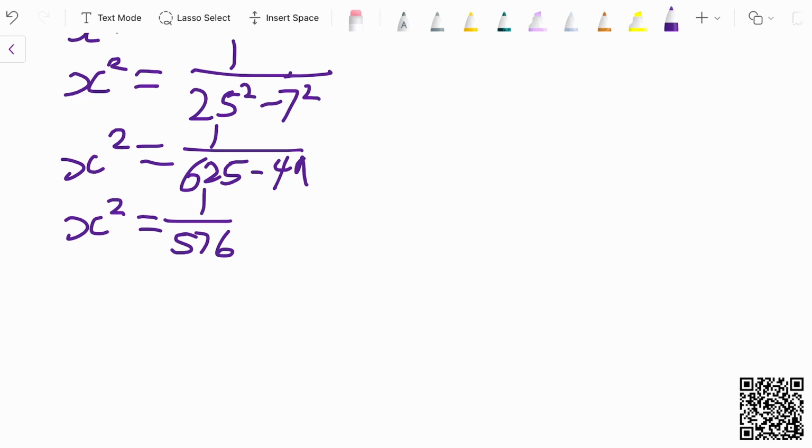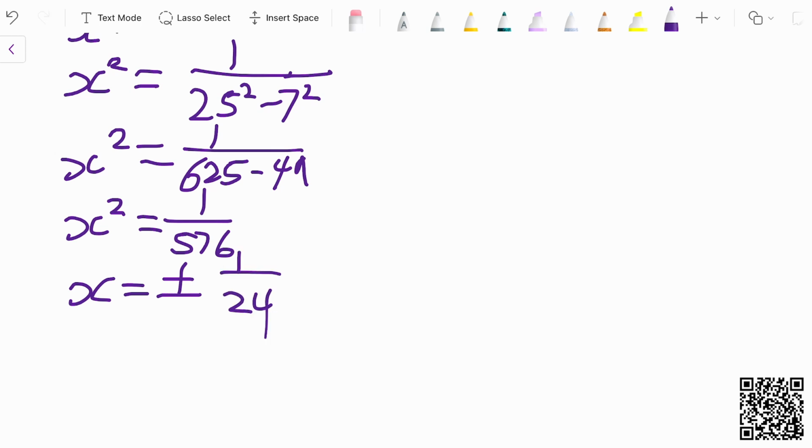Can't be too far off, can't be too far in. So we can try 16 first. 16 squared would be only 200 something. The only number between 16 and 25 that ends in a 4 or a 6 is 24. So x is equivalent to plus or minus 1 over 24.